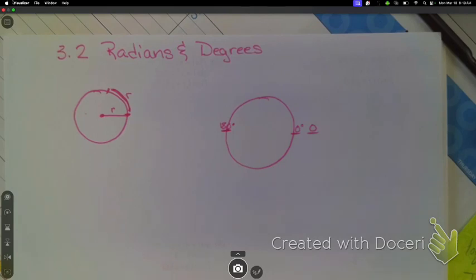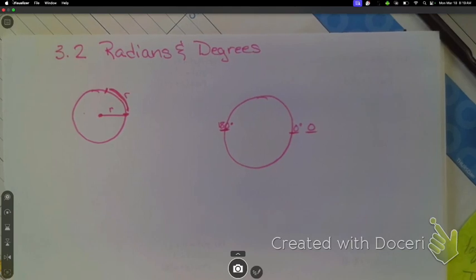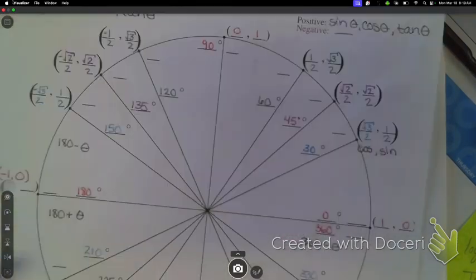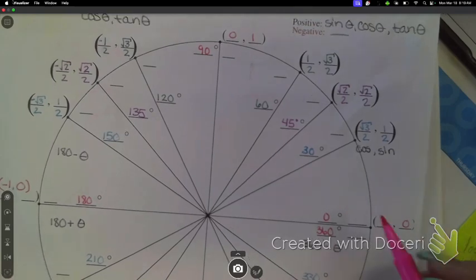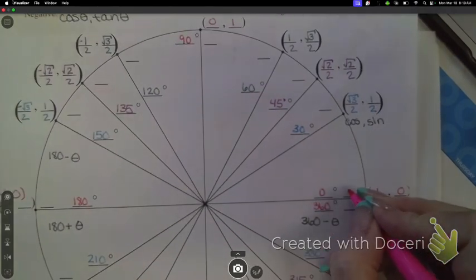And we just talked about 6.28. So 0 degrees is 0 radians.